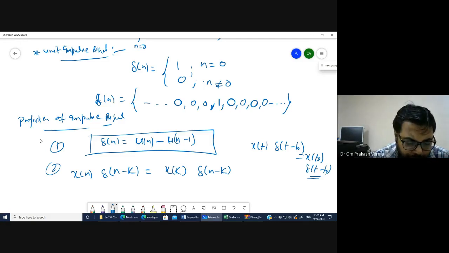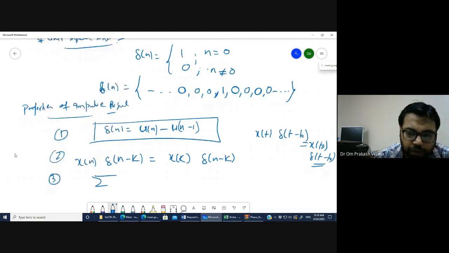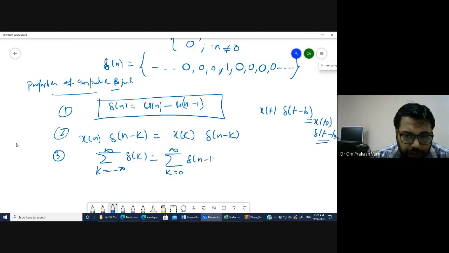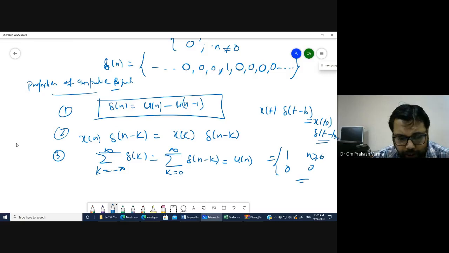Next, you can write the summation of k from minus infinity to infinity of delta[k]. We have already seen these in terms of integration in the case of the unit step signal: this is 1 for n greater than or equal to 0, and 0 otherwise.